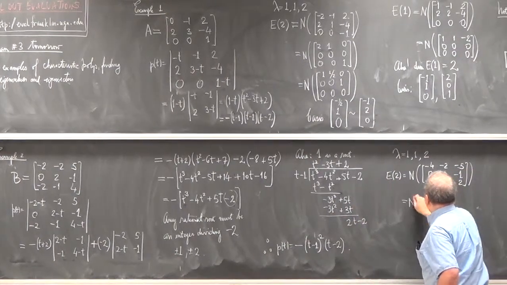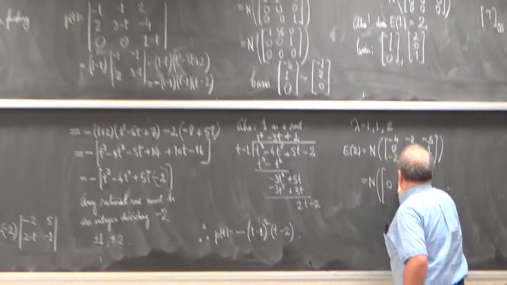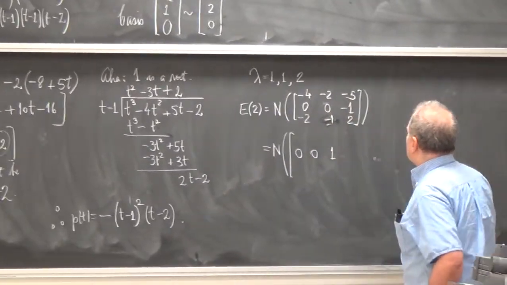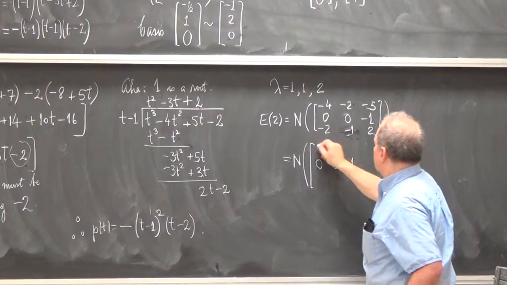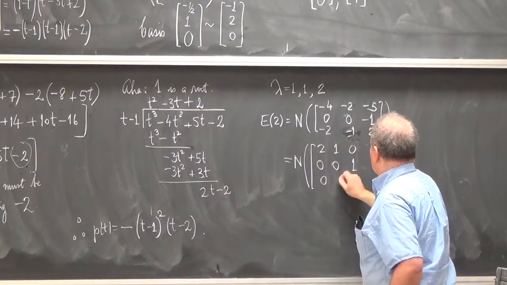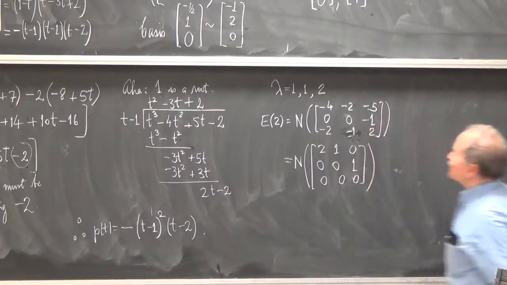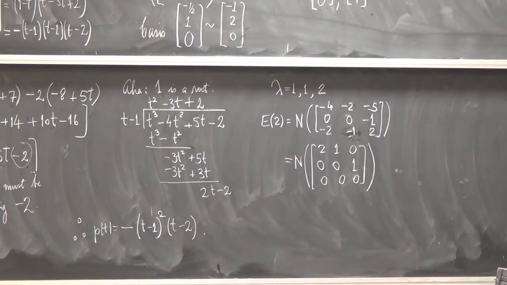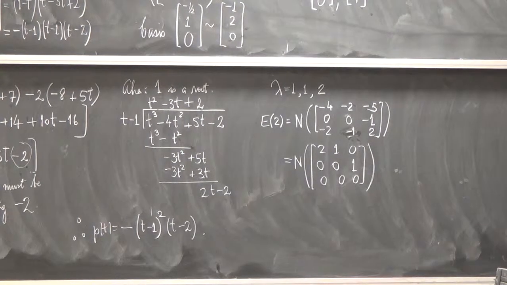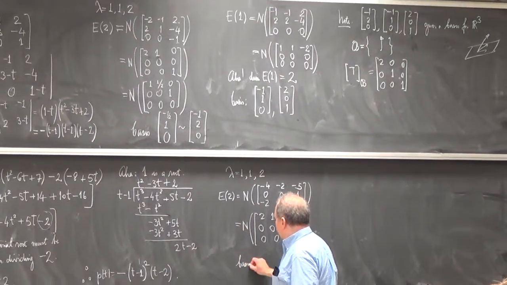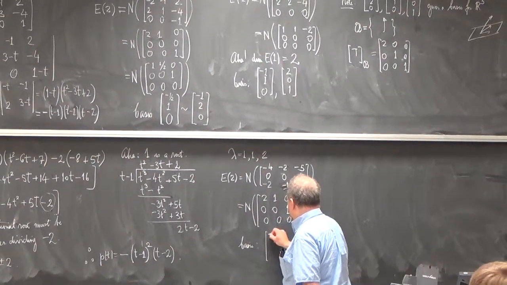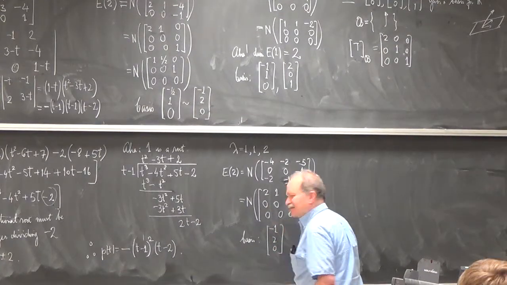Once again, I have a 1 there, and once again, these guys are multiples of the same thing. But actually, it does have the same eigenvector, doesn't it? Well, sort of made it up that way. So, basis for E of 2 is the same vector we had earlier. Who knew?